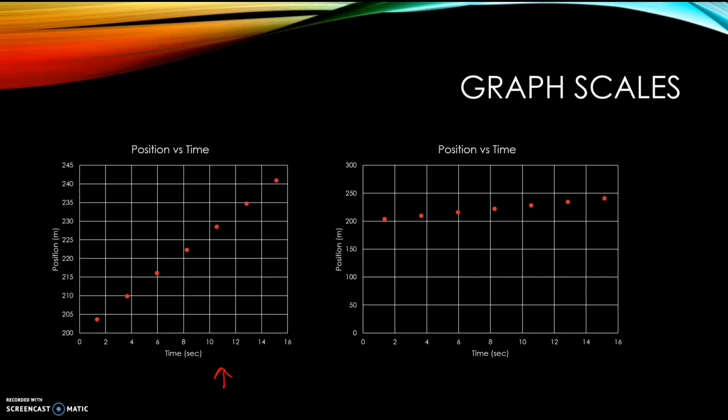If this is position versus time, there's a lot of change in position with time, and that's true until you look at the scale here. So you look at the scale, and you notice, oh, this only goes from 200 to around 245. And if I were to change my scale and start at 0 instead and plot the same data as I did before, now that change doesn't look like so much.